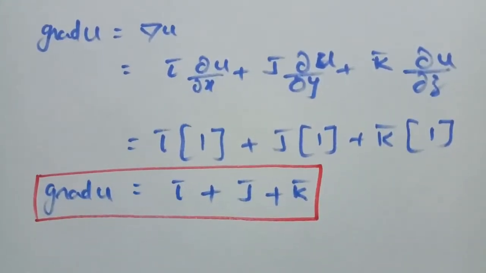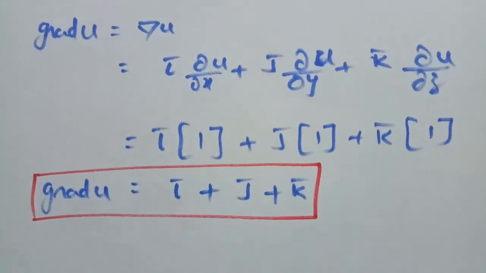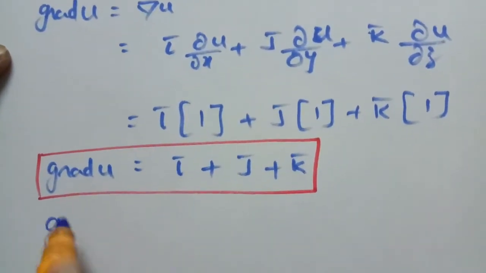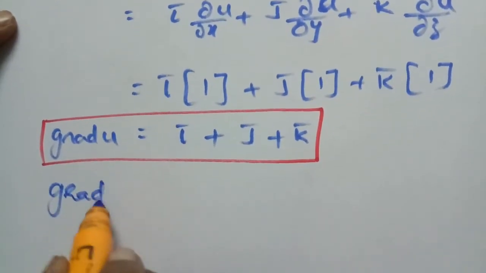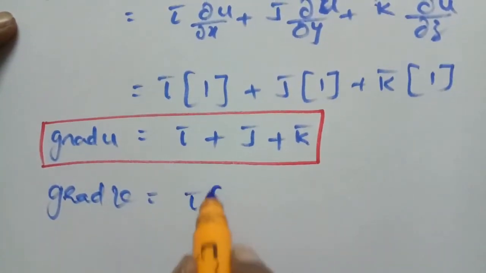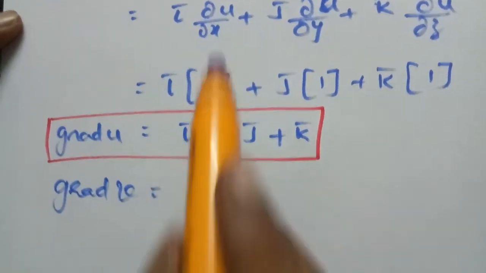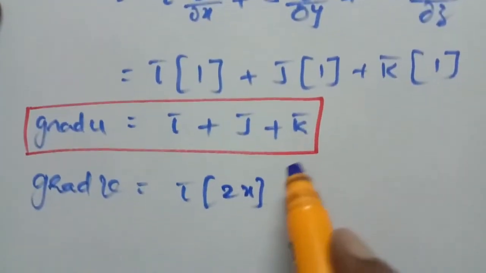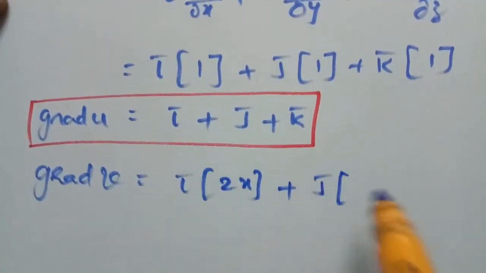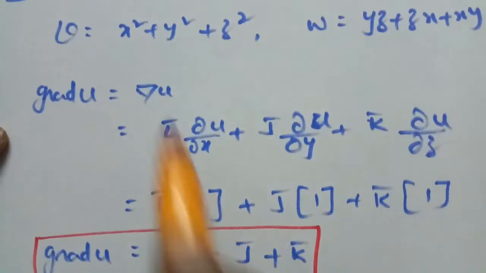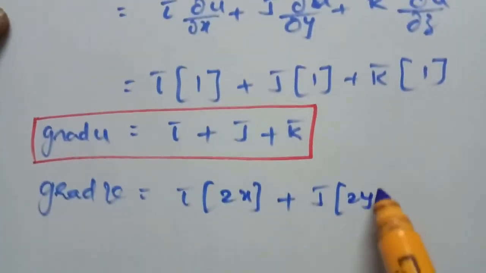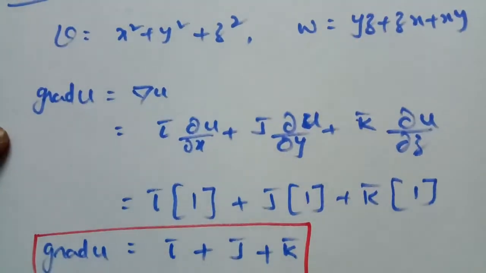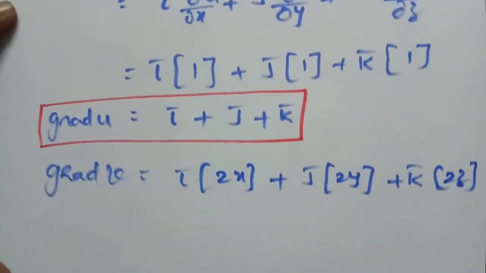Next, grade v is equal to i bar dou by dou x of v with respect to x, 2x, y square and z square derivative is 0. j bar into y square derivative 2y and other derivatives become 0. k bar into dou by dou z of z square 2z, other derivatives 0.